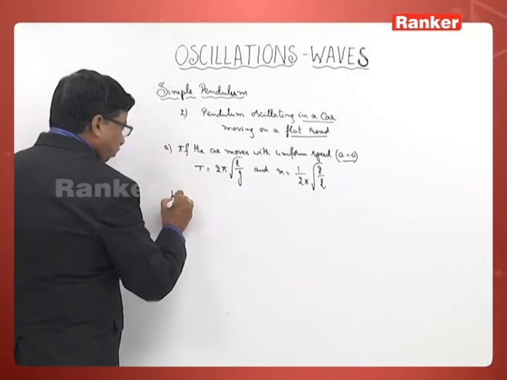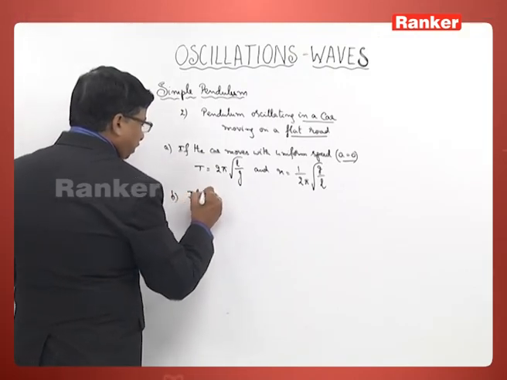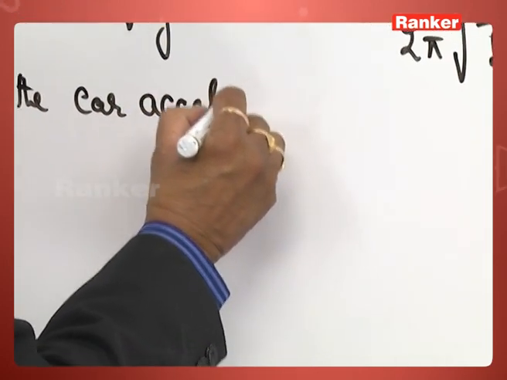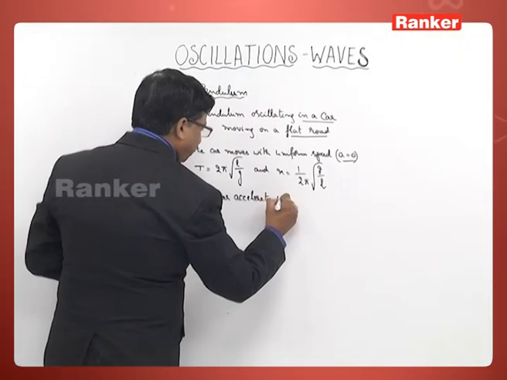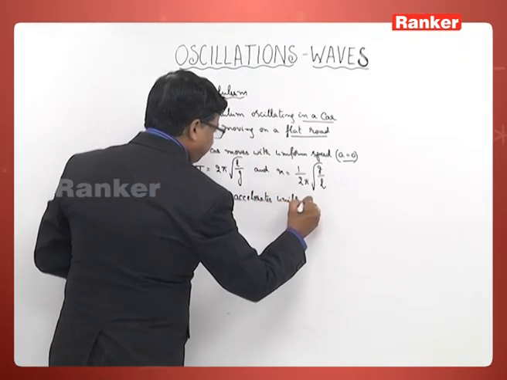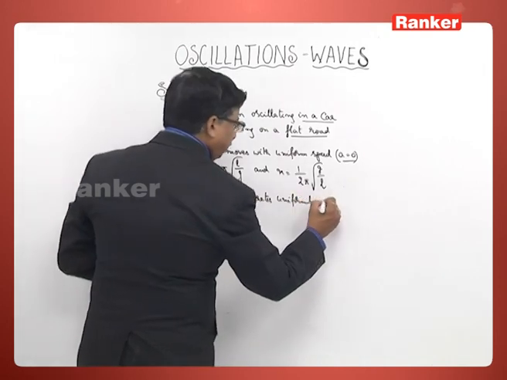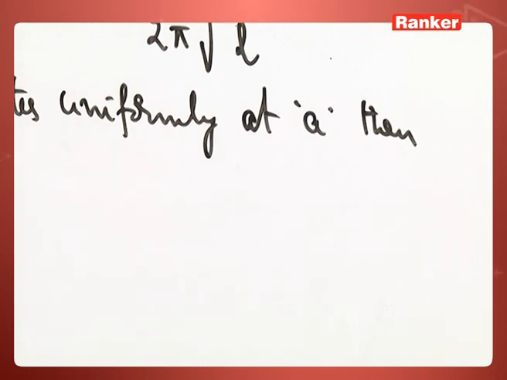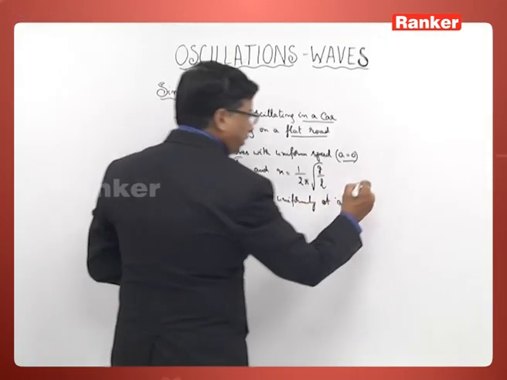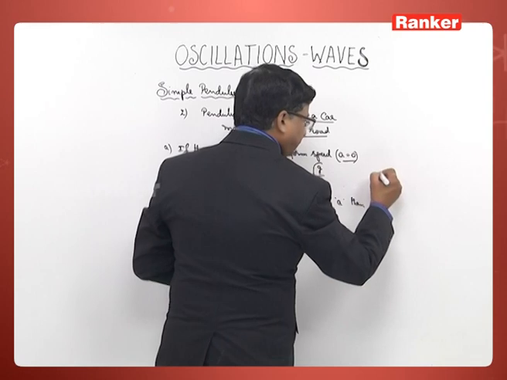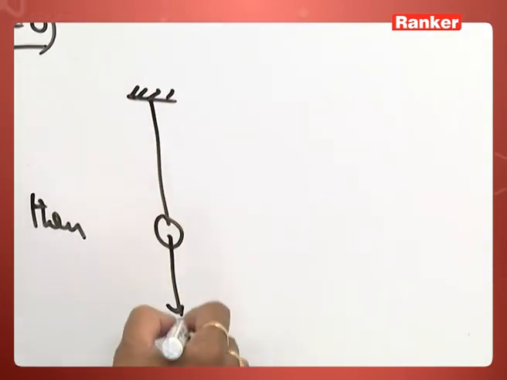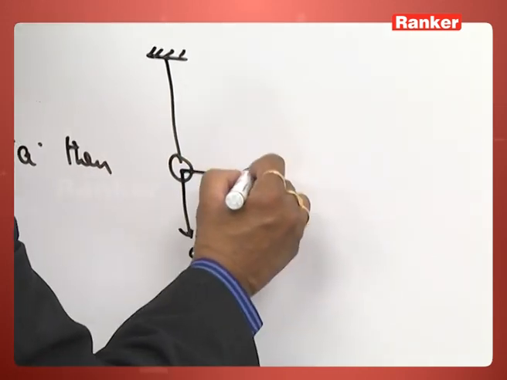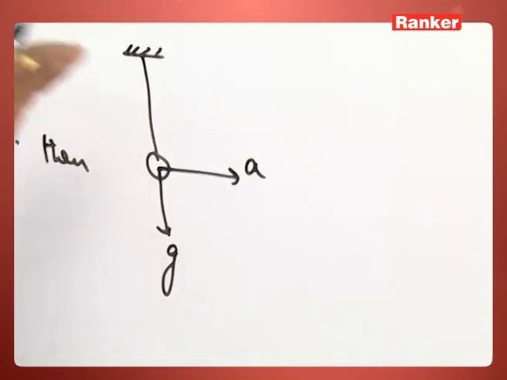Now, come to the second one. If the car accelerates uniformly at a, then what happens? One should understand a simple concept here. This is the pendulum on which the acceleration due to gravity is acting vertically downward, and the acceleration of the car is horizontal like that.